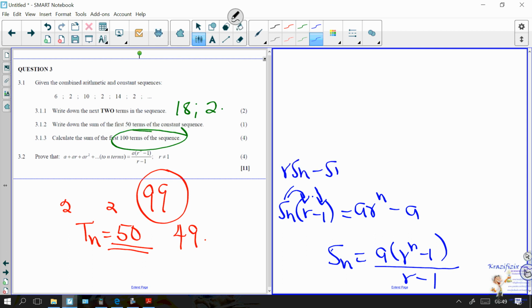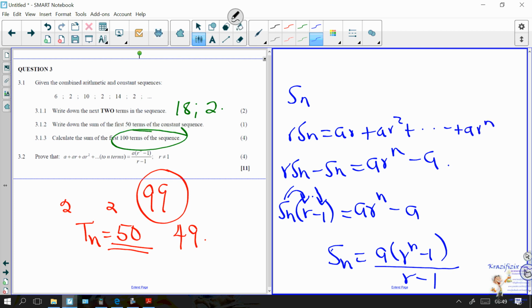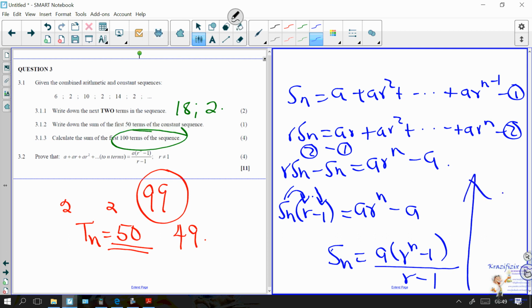RSn minus Sn equals AR^n minus A. Then you can bring out your RSn and your Sn. AR plus AR squared, this one ends at AR^n. Sn is A plus AR plus AR squared, and this one ends at AR^(n-1). Equation 1, equation 2. Now, do you see you're saying equation 2 minus equation 1, and then your proof is there, 4 marks. Without cramming, just work from the answer and work back to the top. All right, great. That is question 3 done.